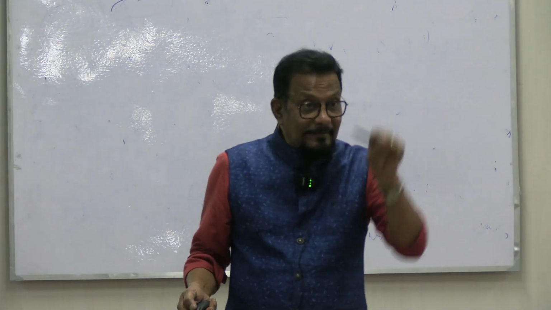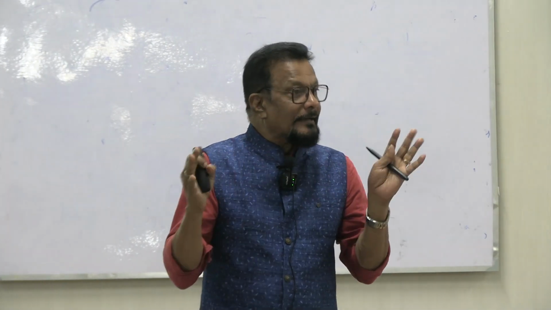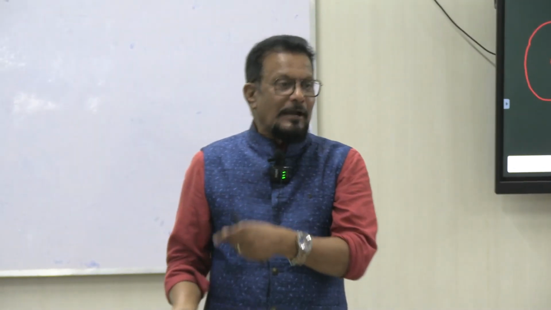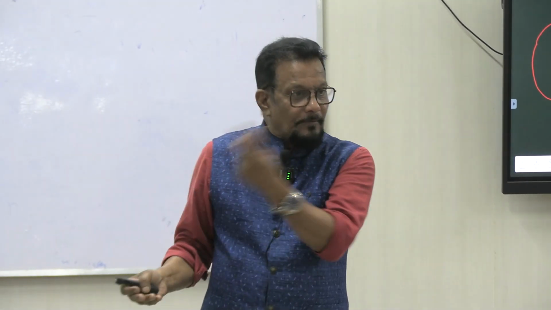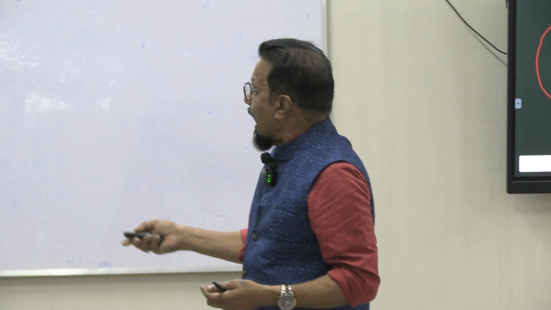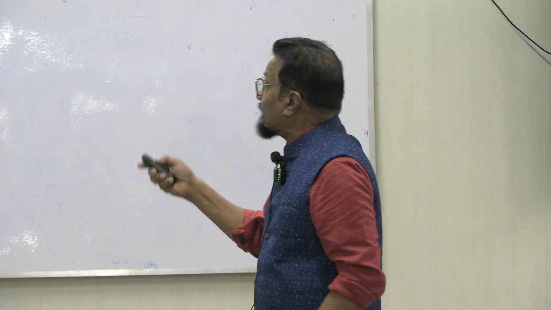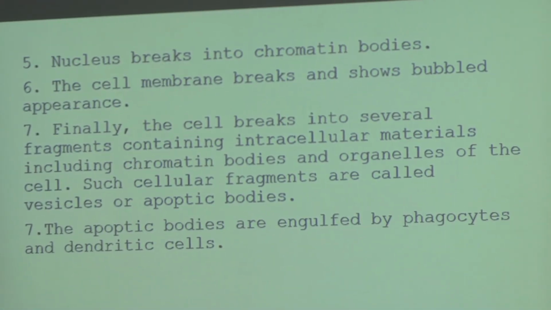The chromatin within the nucleus will be degraded and form a compact condensation. The nuclear membrane will be fragmented. As a result, the DNA will come out, and the DNA inside the nucleus is cleaved into fragments. Then the nucleus breaks into chromatin bodies.